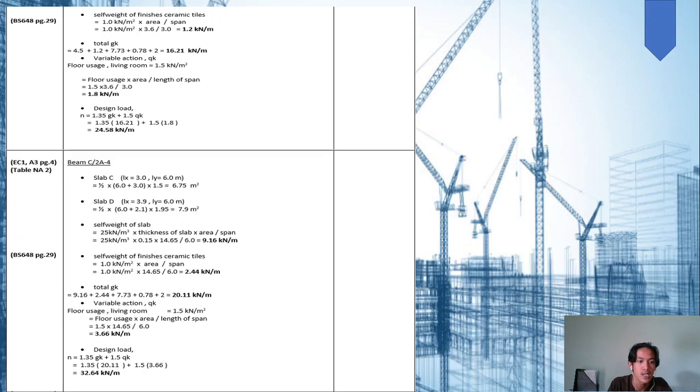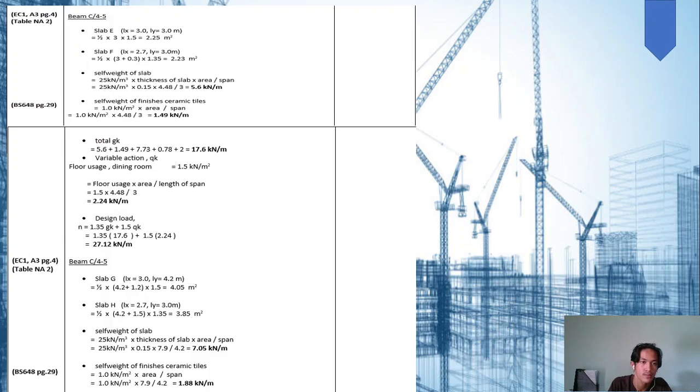And then for beam C to A4, we calculate same like the previous beam, and then we get the design load is 32.64 kilonewton per meter. And then for beam C45, the calculation is also the same, and then we got the design load is 27.12 kilonewton per meter.